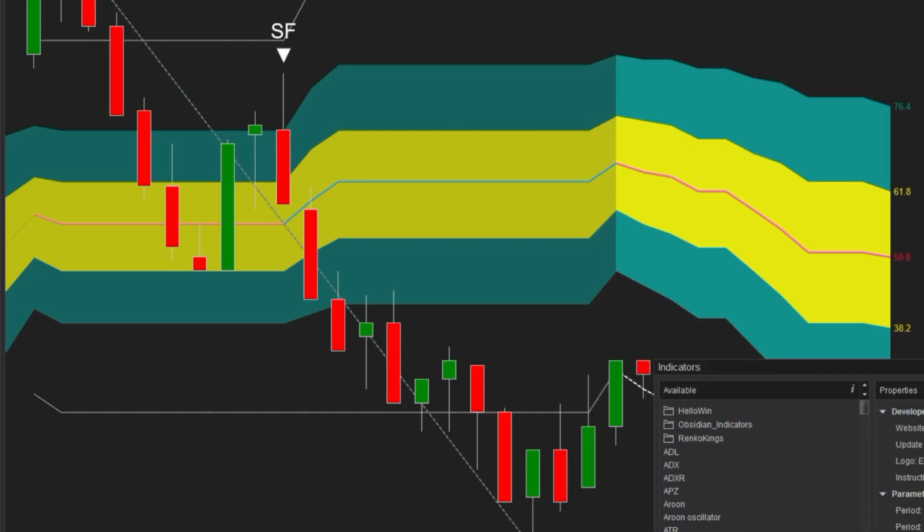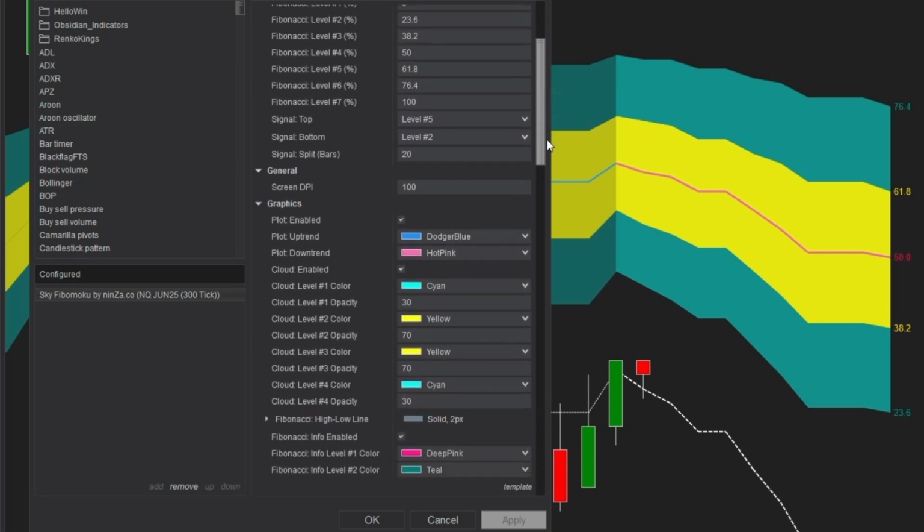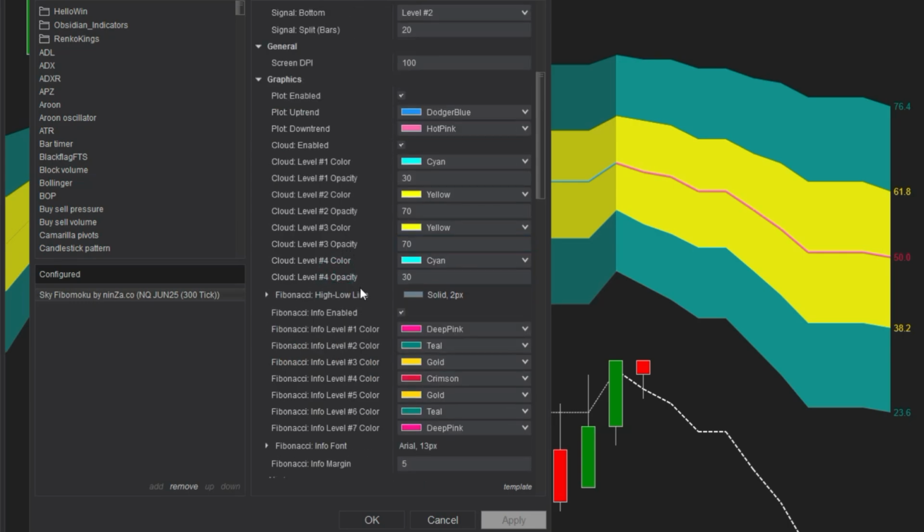For example, you can set it to scan from level 2, 23.6%, to level 5, 61.8%, effectively expanding your trading zone to 23.6%-61.8%, instead of just 38.2%-61.8%. This gives you the flexibility to tailor your trading strategy.